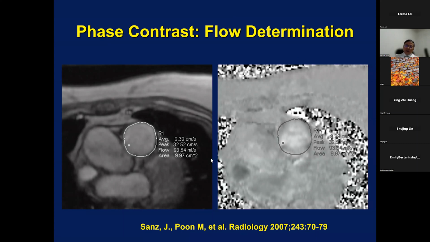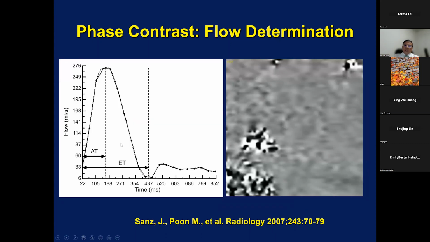So if someone has severe pulmonary hypertension, the transit time is going to be longer. There's no other way you can do this except using MRI. And this is how you measure the transit time. You use the MRI, you measure the flow, and you measure the time from the beginning of the systole to the end of the systole. That's the transit time.